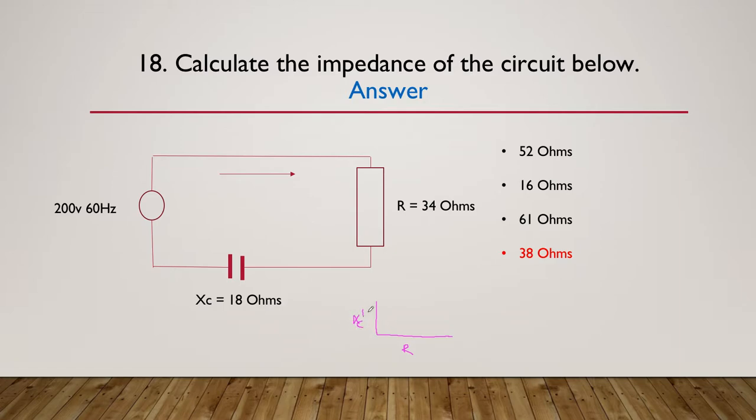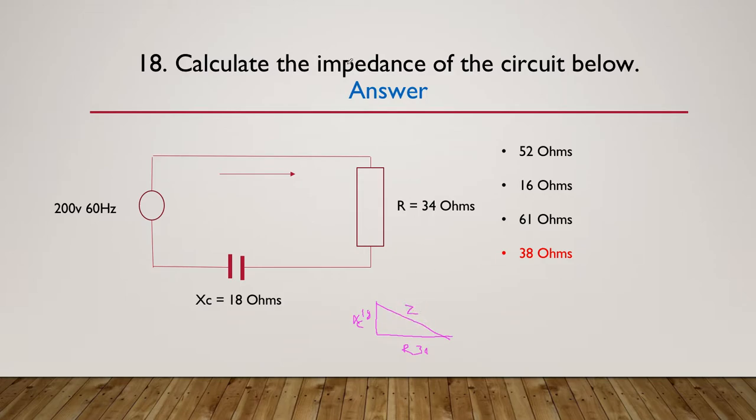So our 18 and our 34, and the hypotenuse of the triangle is the overall impedance of the circuit.